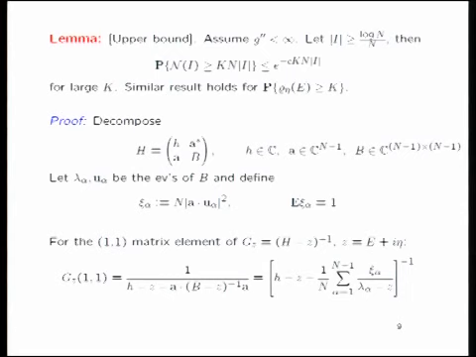The important thing now is that if you take this matrix and calculate the Green function at the (1,1) component, you find that it is 1 over h minus z minus the inner product of a with the Green function of B at z, applied to a.